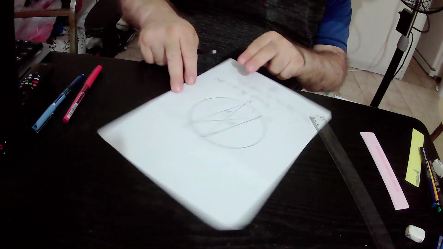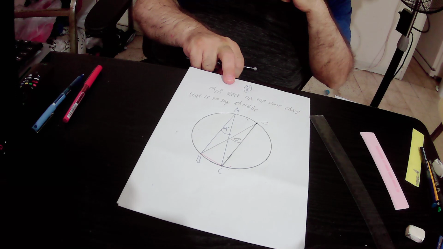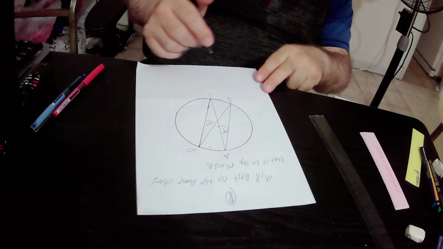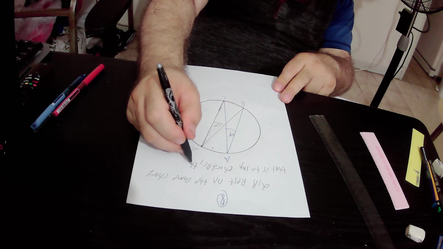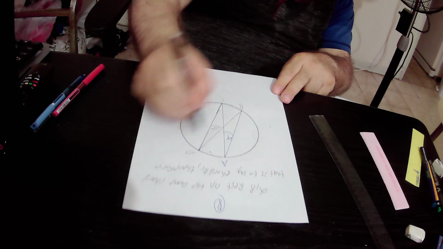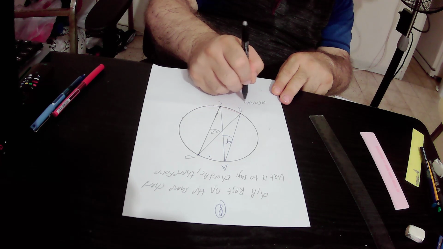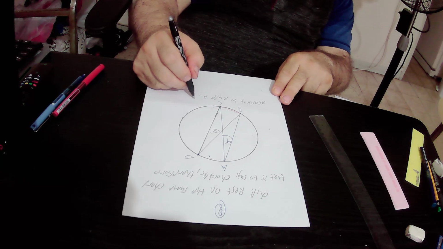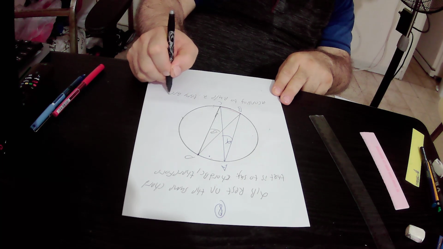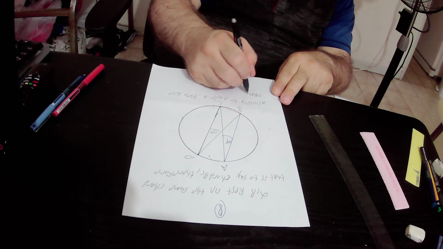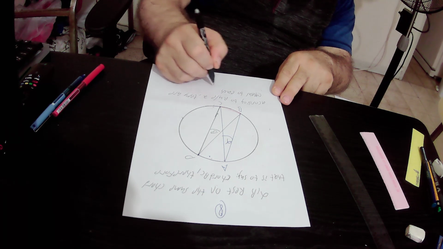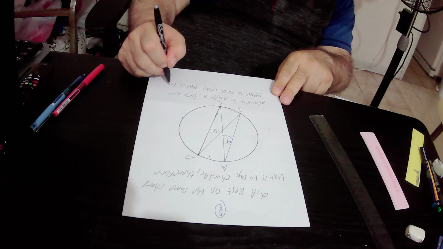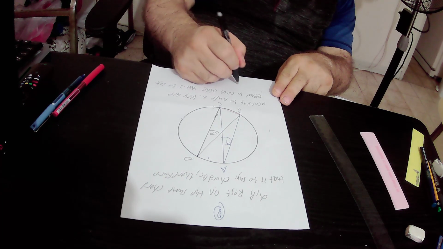Therefore, according to rule number 2, they are equal to each other. That is to say, alpha equals beta.